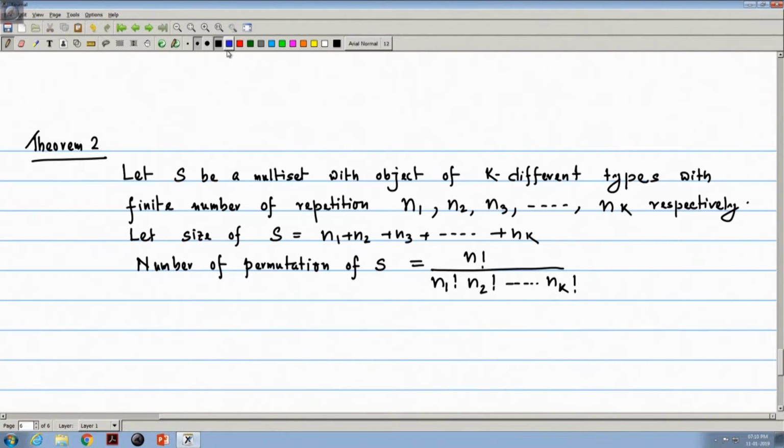So, first thing is that theorem 2 tells about finite number of repetitions. Let the k different types of elements be A1 to Ak. So, let A1, A2, Ak be the k different types of objects.